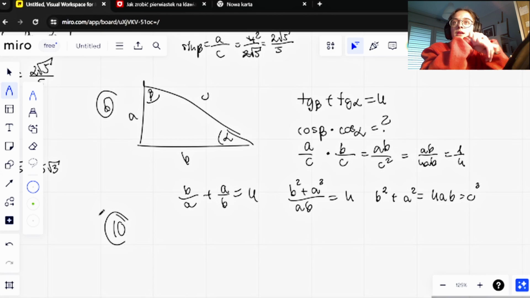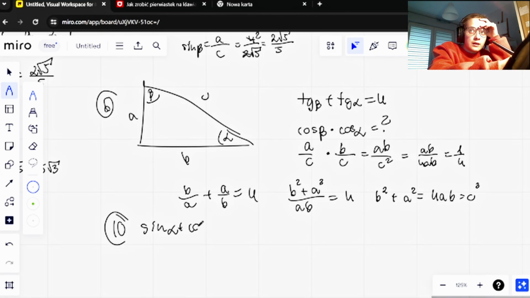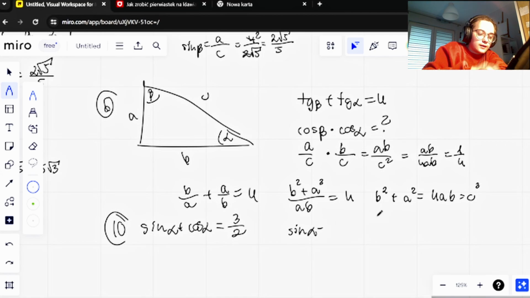Alpha is acute. If you know that sinus alpha plus cosinus alpha equals a given value, we find, and this is easy. You know why? Because think of this. Okay, you might not have had that, but in quadratic function, you have this formula.